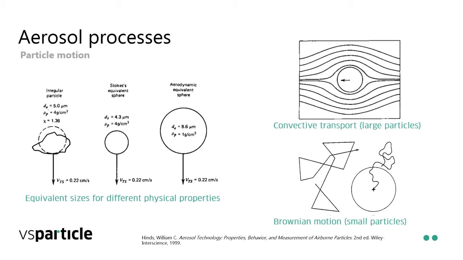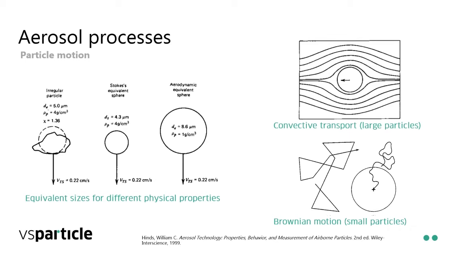So instead there's a couple of diameters that are very common in aerosol science. One is the aerodynamic diameter, which is basically how a particle reacts as it travels through a gas, slowed down by the molecules traveling around it.